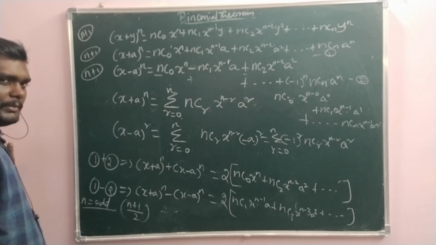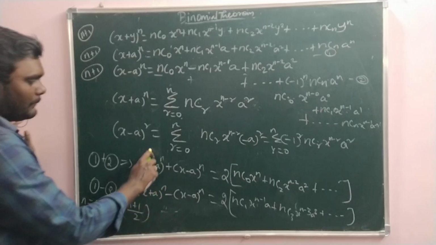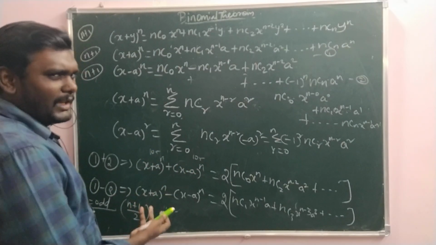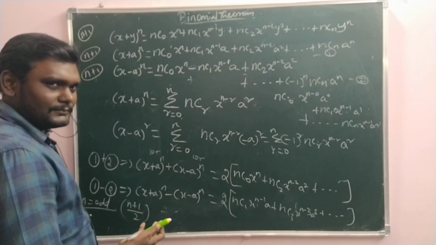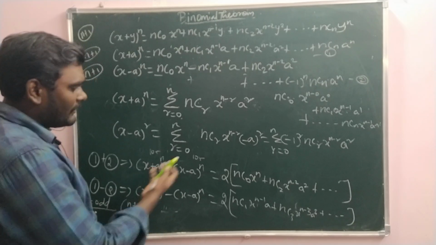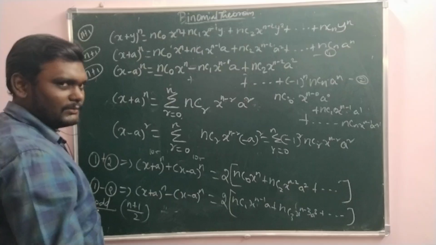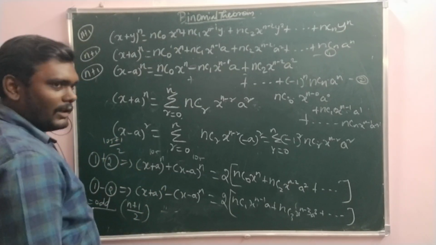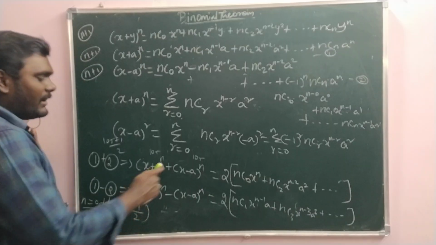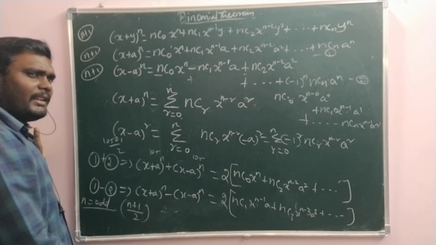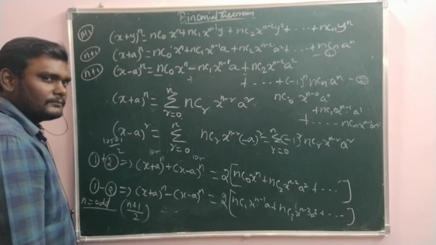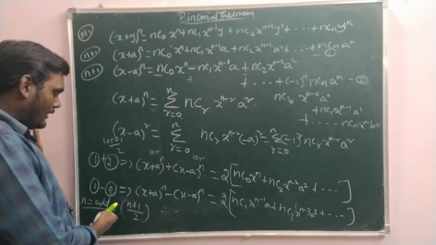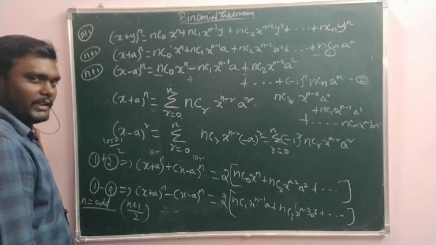For example, this is power 105, this is also power 105. We can't expand and add all the time, right? By this formula, we can simply find how many terms are there. So it is 105 plus 1 by 2, 106 by 2. So totally 53 terms will be there, without even expanding. Example I said, man: n is an odd number means n plus 1 by 2 terms will be there.